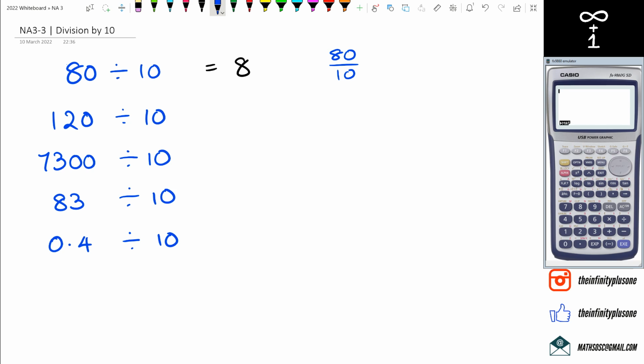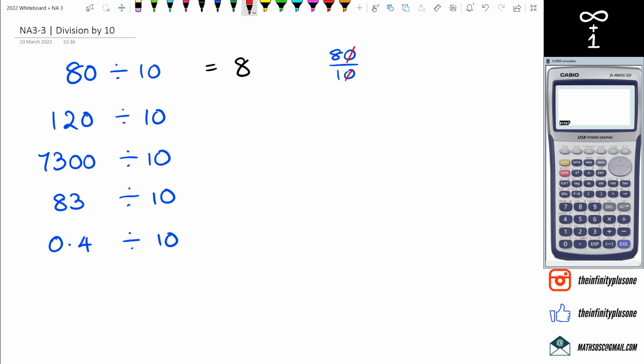I remember when I was in, I don't know, primary school, my teacher just basically went, you put 80 divided by 10, and when you have the two zeros, you can cancel them out. And I was like, why? What was the point of doing that?